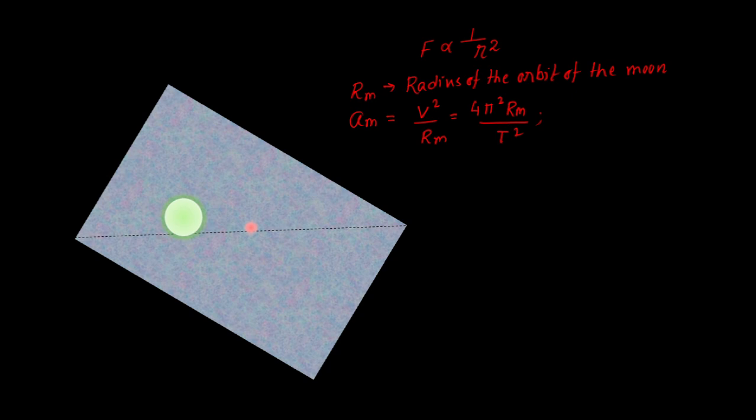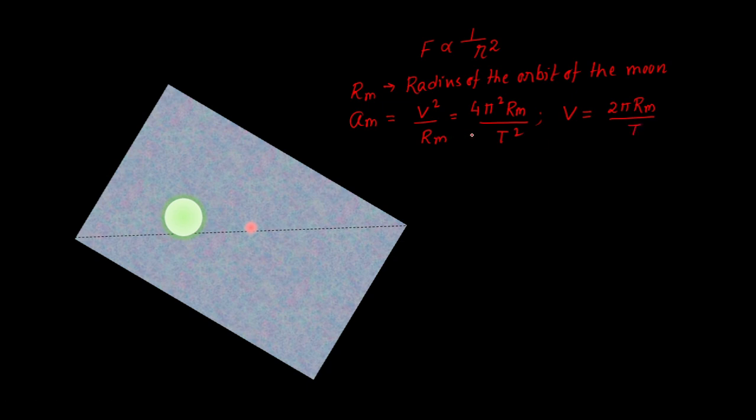What is v here? v is the velocity of the moon, and t is the time period required for the moon to complete a rotation around the earth. So v and t are related by v equals 2 pi rm upon t.